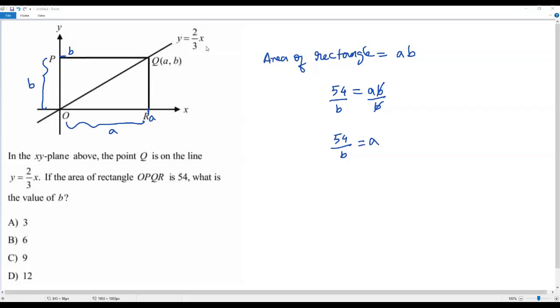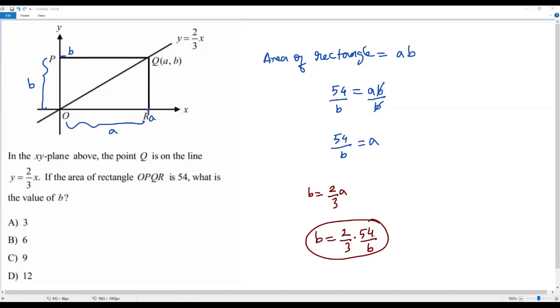So when I do so, I am getting B equals 2/3 times A. Already we got the value of A in terms of B, that is A equals 54 over B. We can plug in this 54 over B for A over here. Then we get B equals 2/3 times 54 over B.